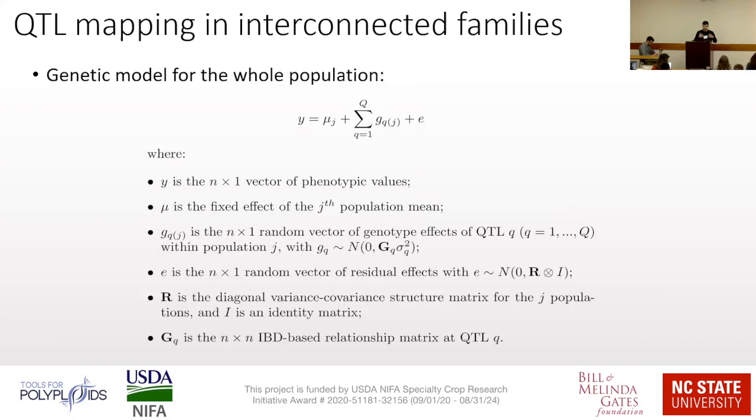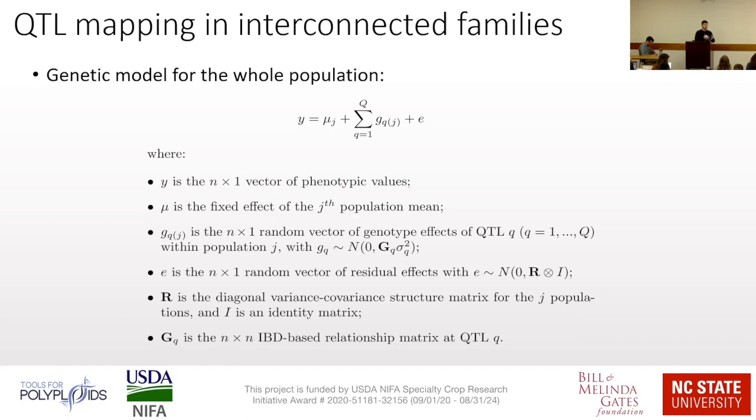For the multi-parental population, we have a very similar model, but instead of having only one intercept, we have one intercept for each of the subfamilies. We can also have different variance components for all the QTL within each of the populations. And we can also make use of different variance-covariance structures for the residuals.